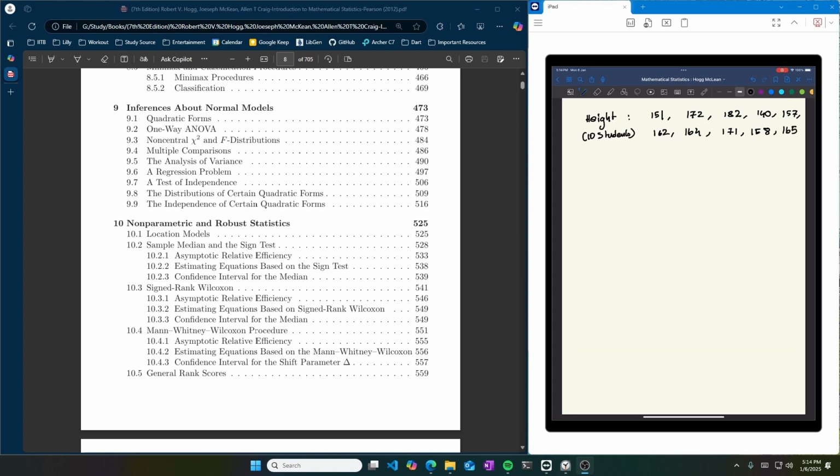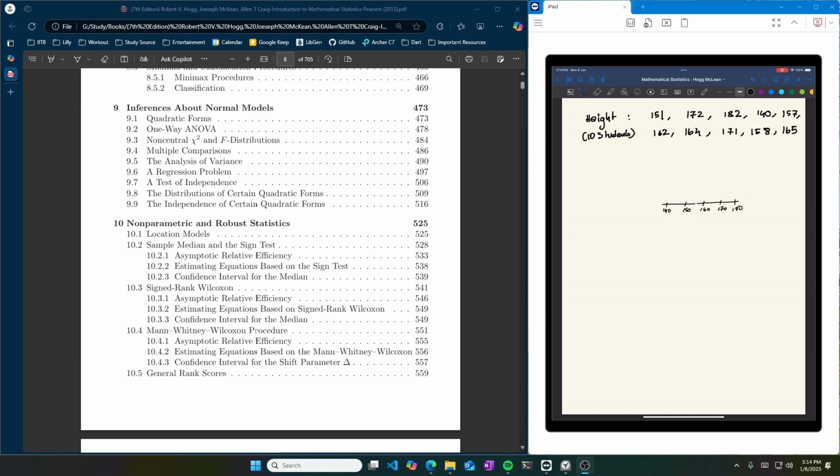Now, what we can do is define a distribution on top of it. So let's say we try to see how this distribution essentially looks. It can be something like this: 140 is here, 150, 160, 170, 180.